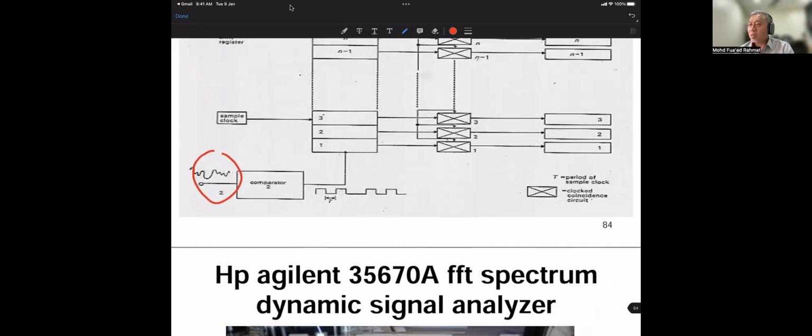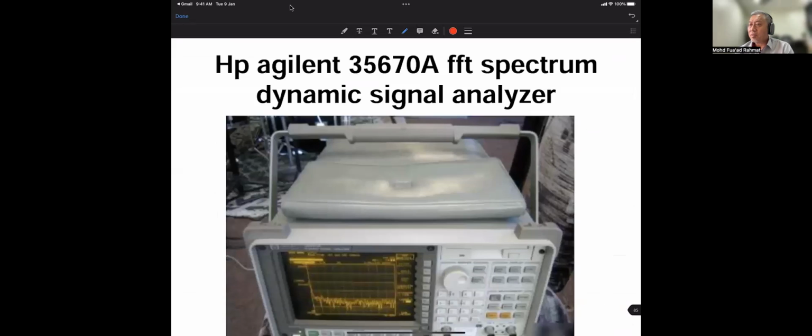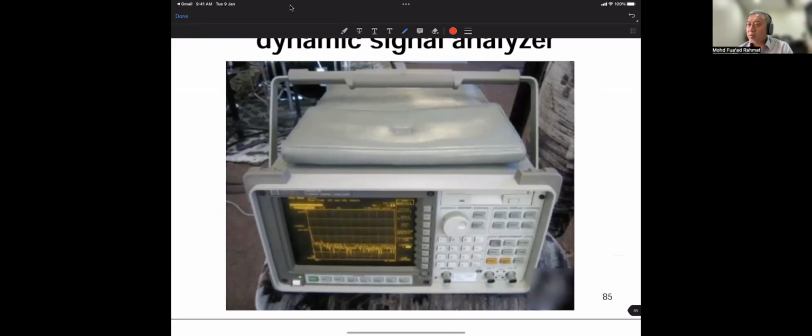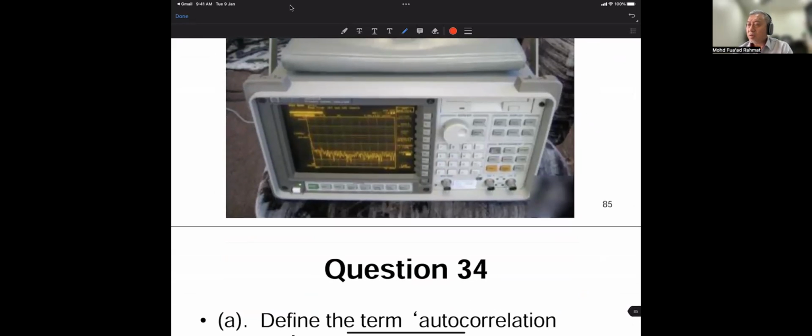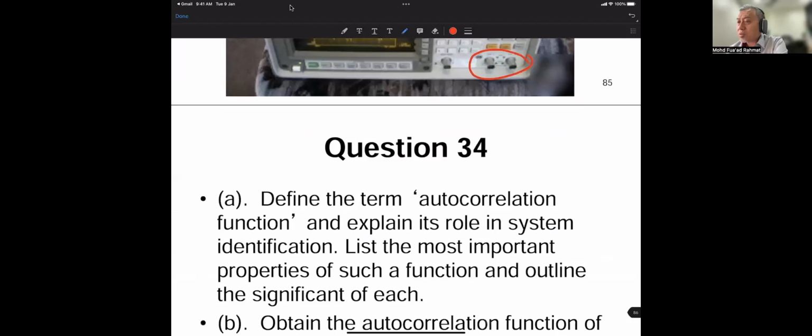Or, if you don't want the headache, you can just buy an Agilent 35670A FFT spectrum analyzer, which can give you the cross correlation because it has two channels, channel 1 and channel 2. By pressing the functions on the equipment, we can get cross correlations.